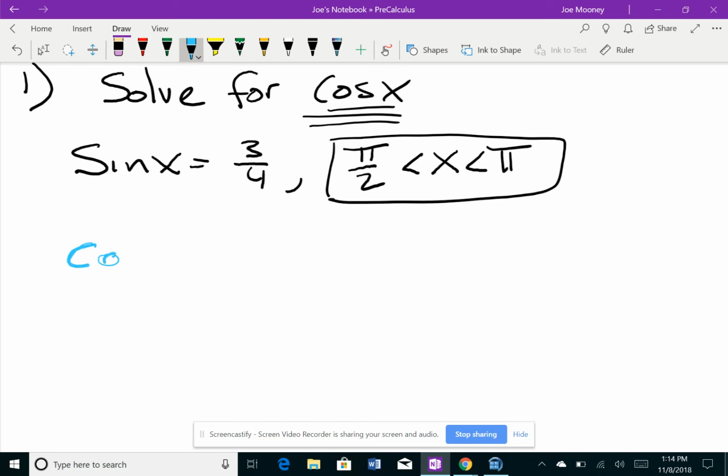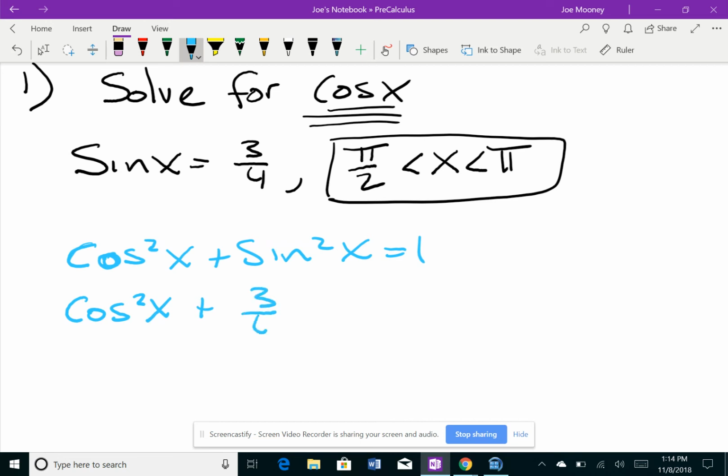We know cosine squared plus sine squared is equal to 1. We know sine is 3/4. So let's rewrite that: cosine squared of x plus my sine value squared, so cosine squared of x plus 3/4 squared is equal to 1.